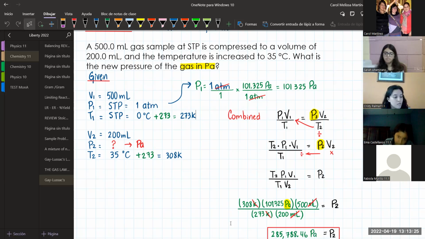Again, for the combined gas law, the main equation that you have to memorize is the first equation from the top, that main equation.